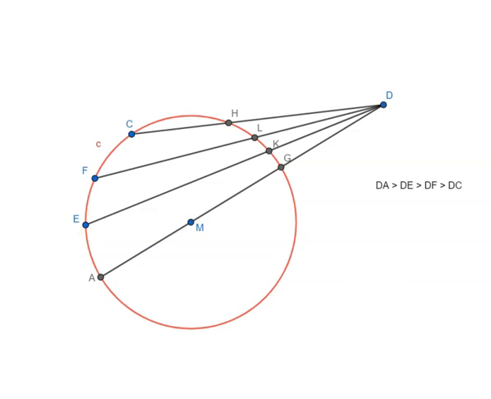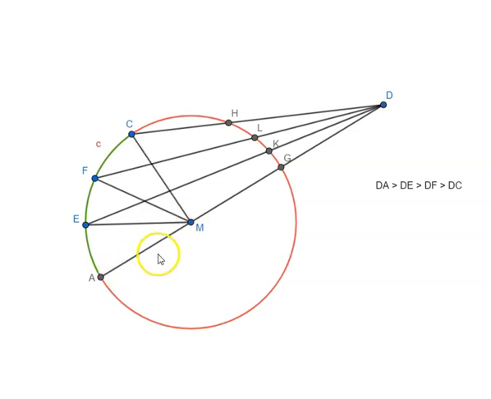Okay, so let's join these points to the center. Since we are focusing on the concave part of the circle, let me highlight it with green. Let's join EM, FM, CM.